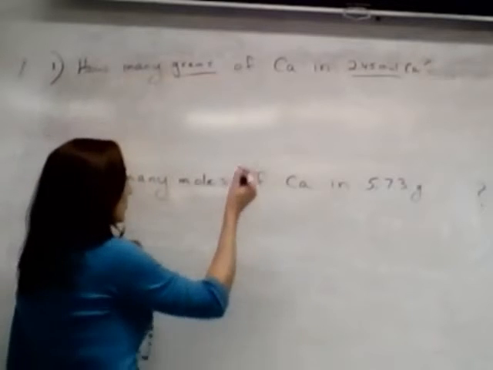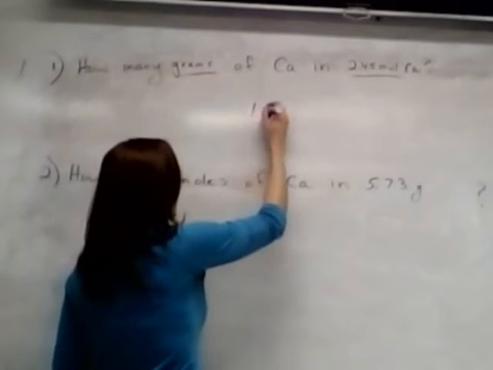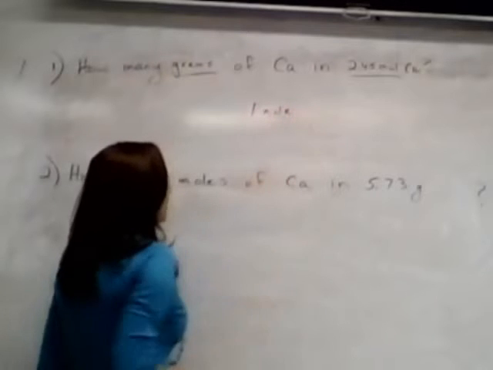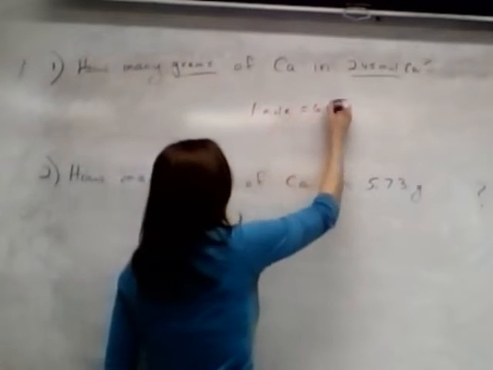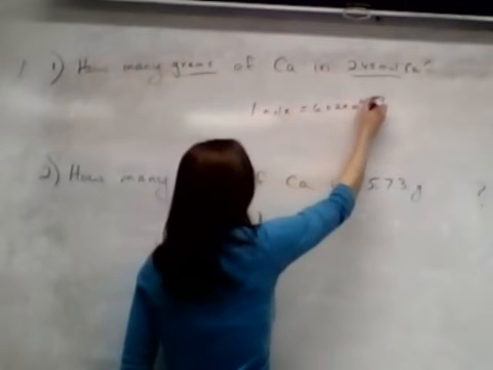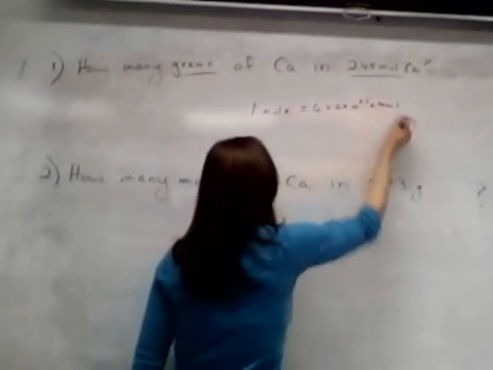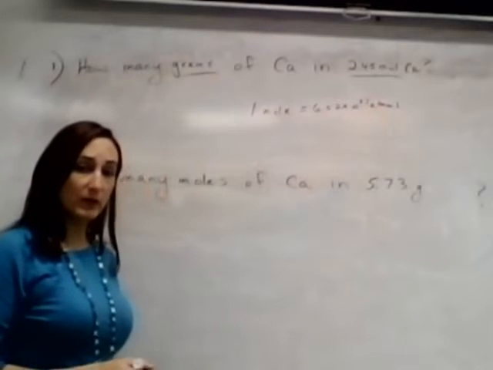So just to review what we saw in the previous video, the definition of a mole has to do with a certain number of atoms, and we know that Avogadro's number is that number of atoms that we associate with 1 mole of something.